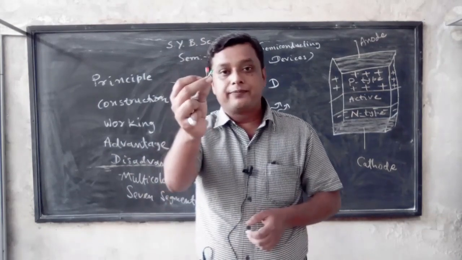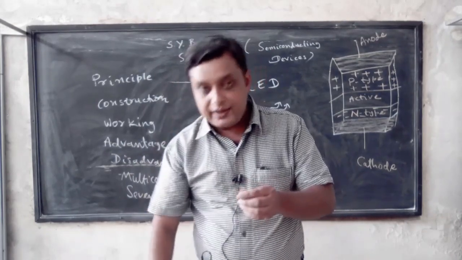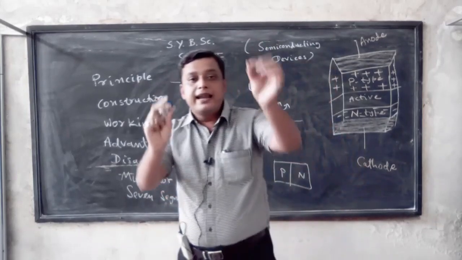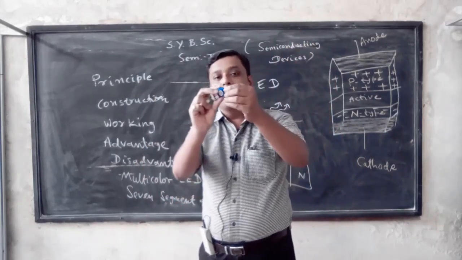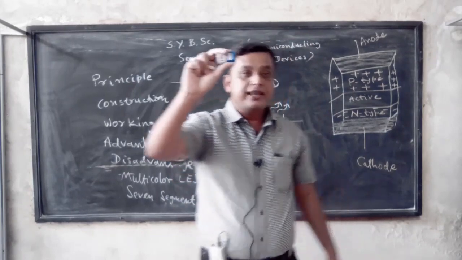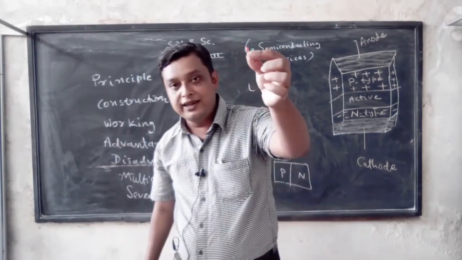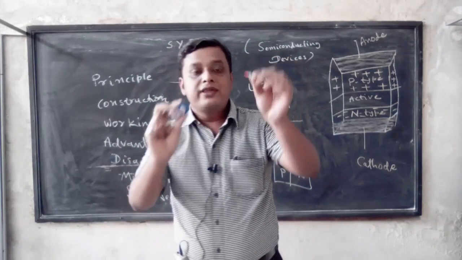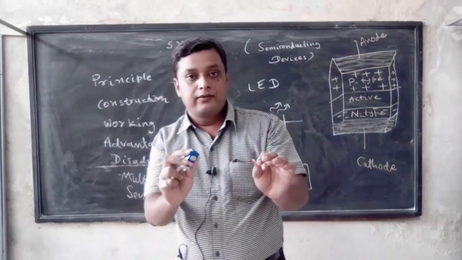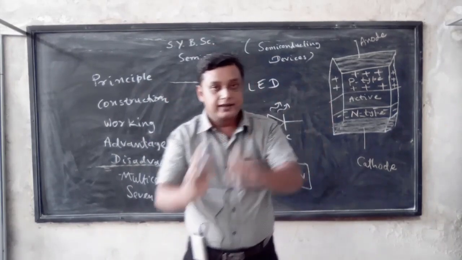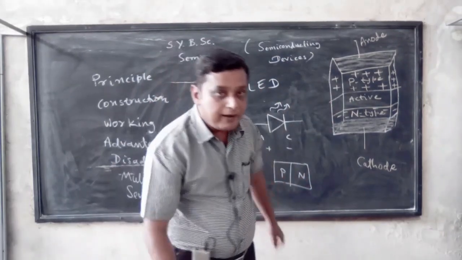We have this LED, and this is a battery, 9 volt battery. If I connect this LED to the battery, the battery is used as an electric power source. LED is used as a light source. So there will be the conversion from electrical energy to light energy, and that is achieved with the help of LED.